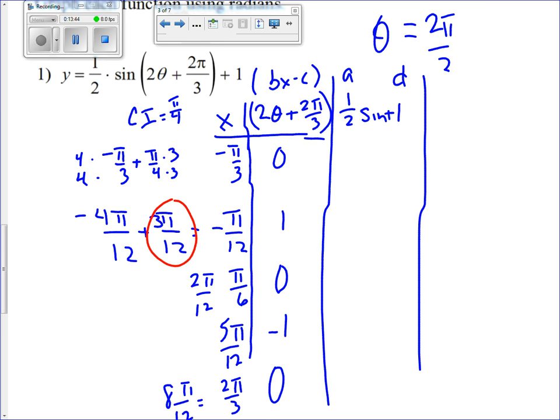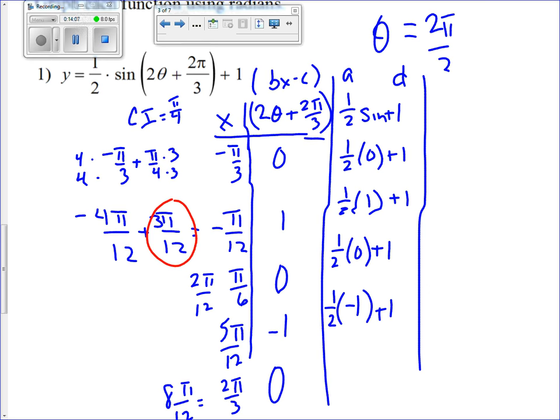Okay, so since we already solved for bx minus c, we're just going to take our values of sine and plug them in. So 1/2 of 0 plus 1, 1/2 of 1 plus 1, 1/2 of 0 again plus 1, 1/2 of negative 1 plus 1, and 1/2 of 0 one last time plus 1.